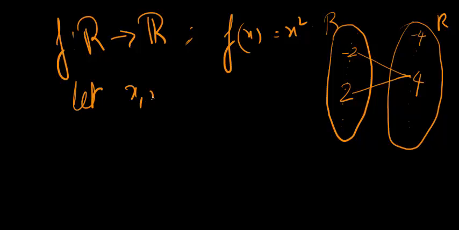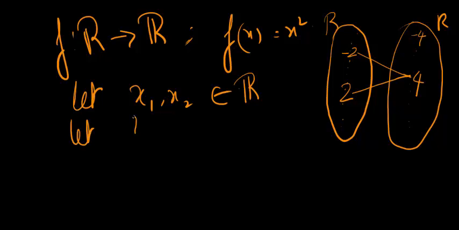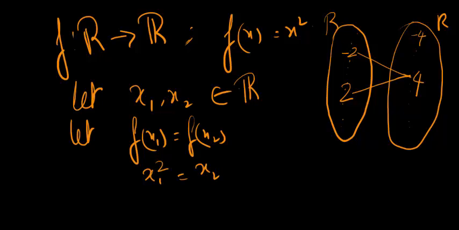Let x1 comma x2 belong to the domain R. Then I'm going to put a condition. Let f of x1 be equal to f of x2. That's a condition that I'm putting in. Now if f of x1 is equal to f of x2, then I'm ideally saying x1 square is equal to x2 square, which means that x1 is equal to plus or minus root of x2 square, which means x1 is equal to plus or minus x2, isn't it?